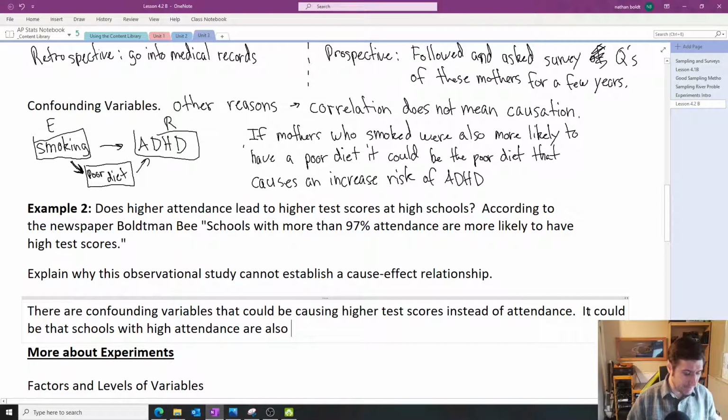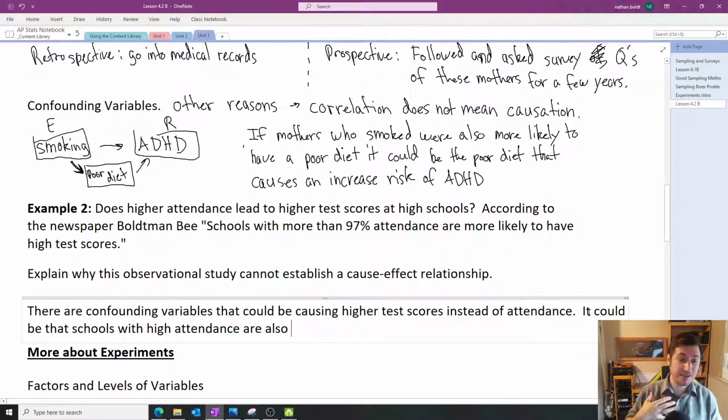Two of the things that came to my mind were affluence, all right, how rich is the school, in a better neighborhood possibly, and then the other one is how big is the school. Smaller schools would usually have higher attendance rates than big schools, and it's possible that smaller schools have higher test scores. Either one of those are possible.